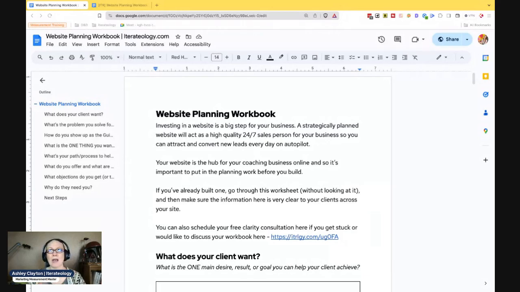Some of you may or may not have read StoryBrand, a book by Donald Miller that follows roughly the same thing. The core concept is that you are not the hero of your website or your business. Your client is the hero, and you're trying to position yourself as the mentor who comes alongside and guides them from where they are now to the result they want.